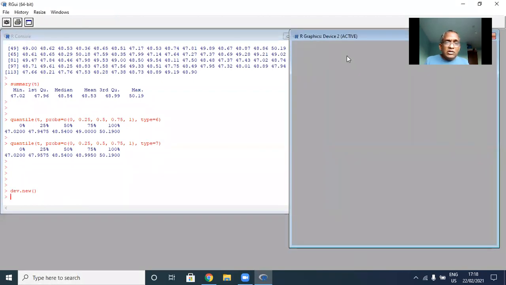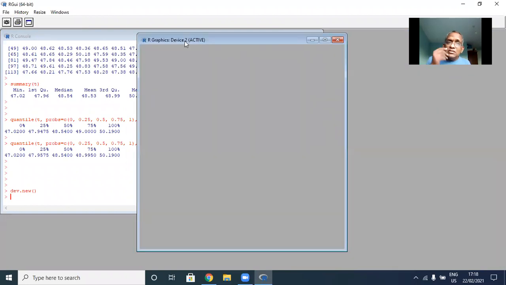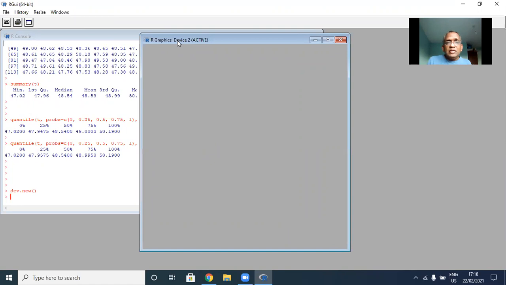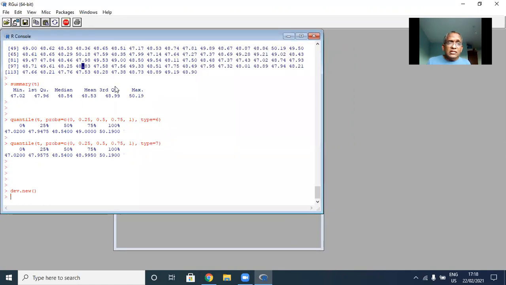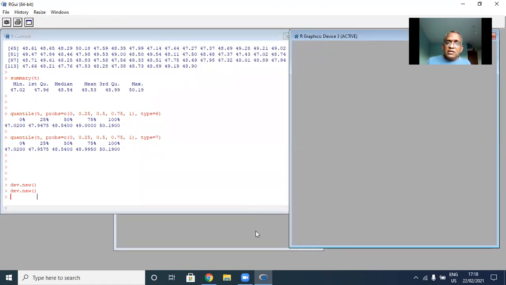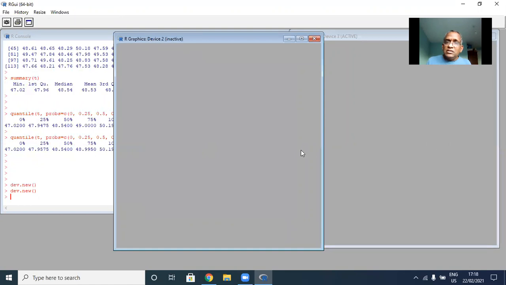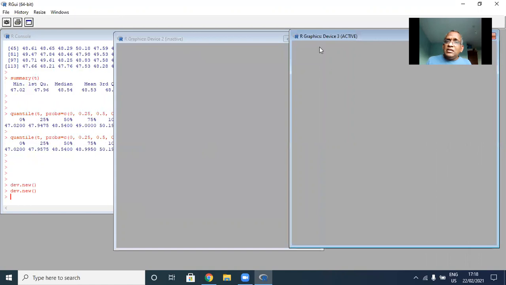dev.new opens a new window like this. I hope you can see this. This is a new window, and every window has a number associated with it. In this case, the number for this window is 2, right? And you can open as many windows as you want. Now you see we have 2 windows, a window with device 2 and a window with device 3, right?